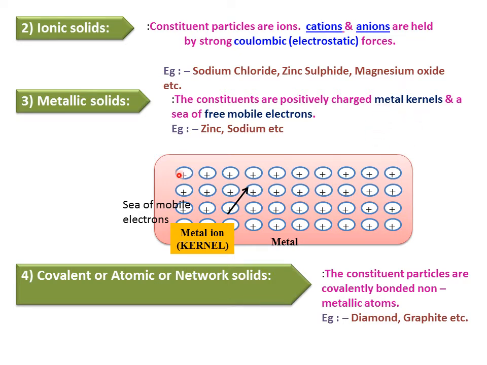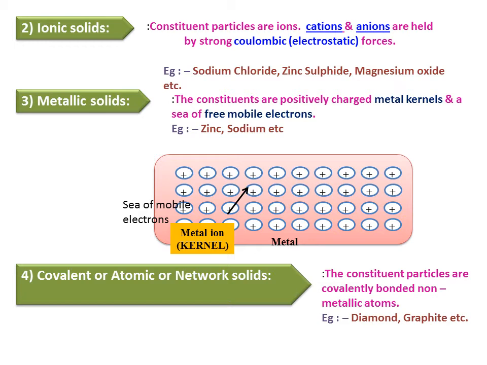So there are n number of sodium ions, and therefore n number of free mobile electrons. It is like sodium ions dispersed or dipped in a sea of mobile electrons. It's very simple. A metallic solid consists of kernels, that is metal ions, present inside the sea of mobile electrons. The intermolecular force is the metallic bond.